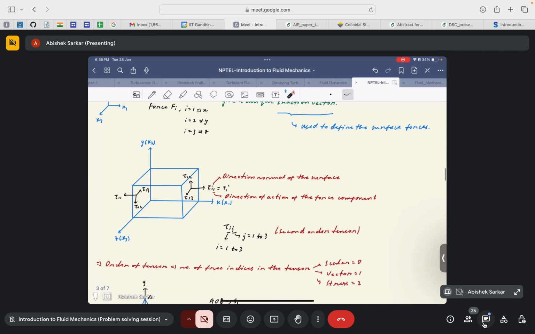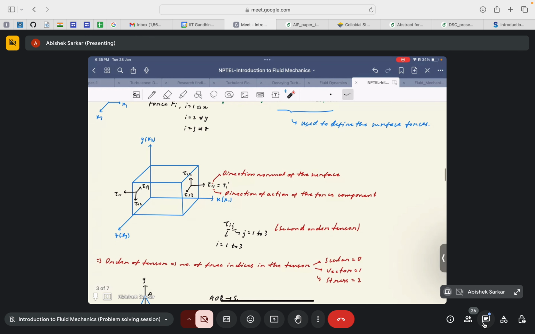So now say we're considering a three-dimensional coordinate system, a 3D coordinate system, and we're considering a particular cuboidal shape, given by this volume. This is the x direction, this is the y direction, and this is the z direction.